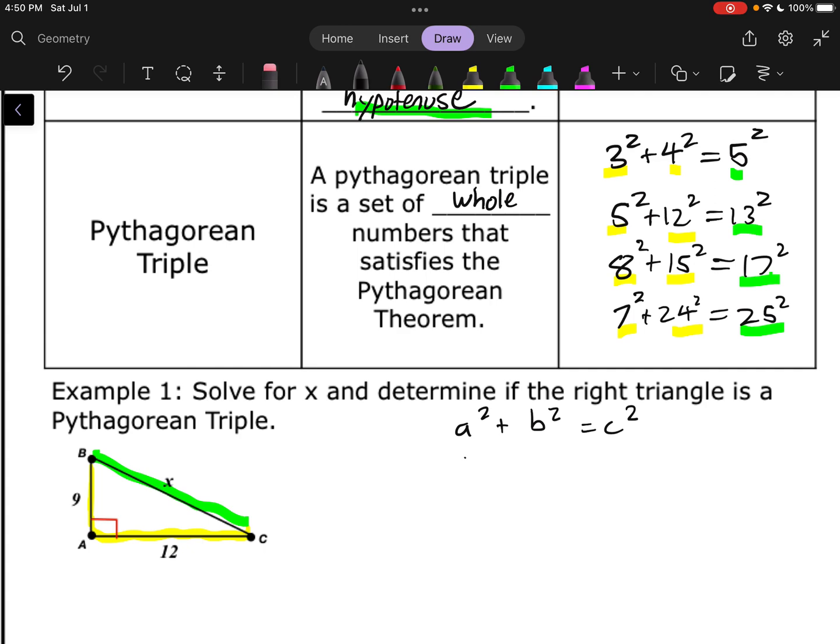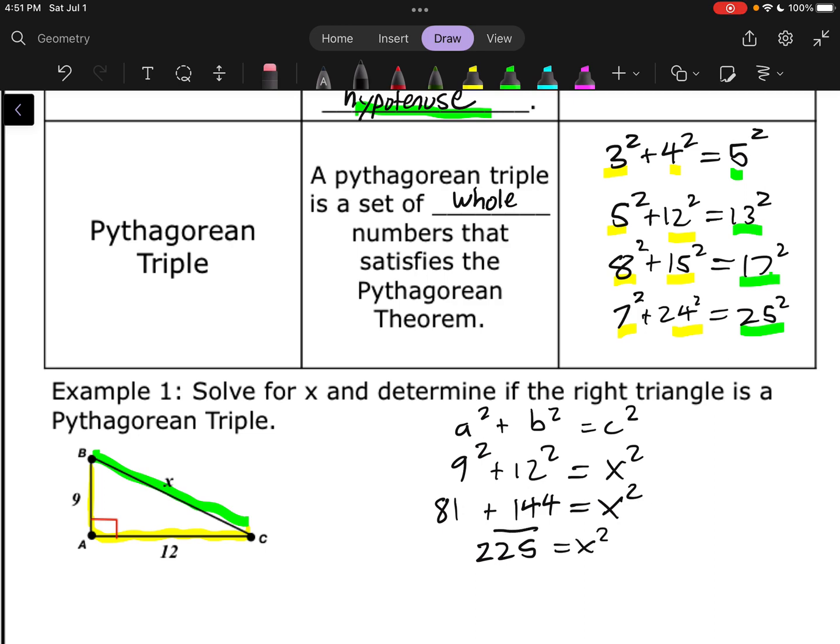So in this case, that would be 9 squared plus 12 squared equals x squared. 9 squared is 81. 12 squared is 144. 81 plus 144 is 225.